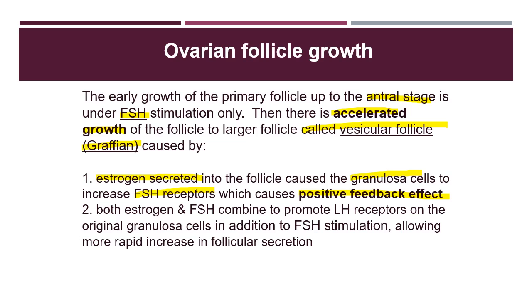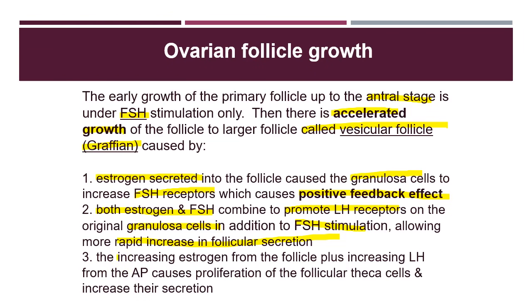In addition, both estrogen and FSH have synergistic effects in promoting LH receptors on the granulosa cells. So in addition to the FSH stimulation, there will be LH stimulation. And this will cause a rapid increase in the follicular secretion.